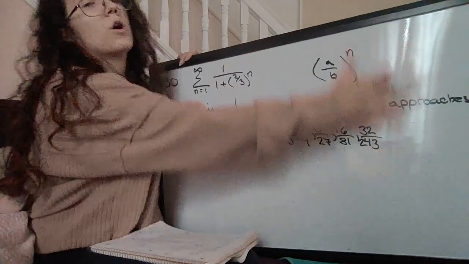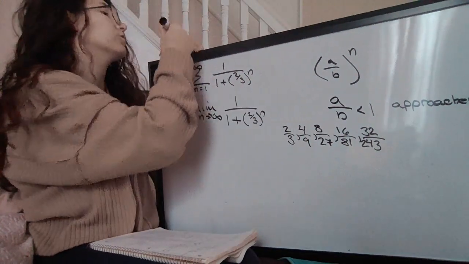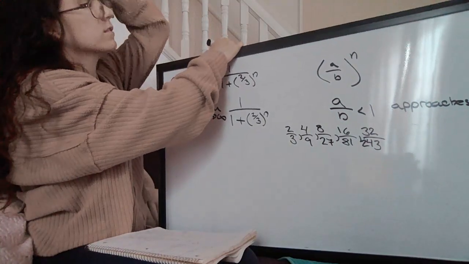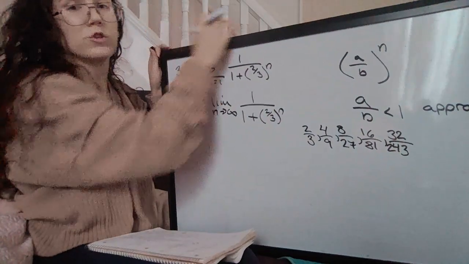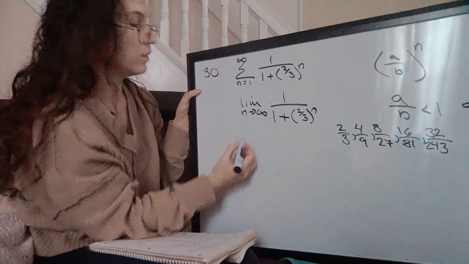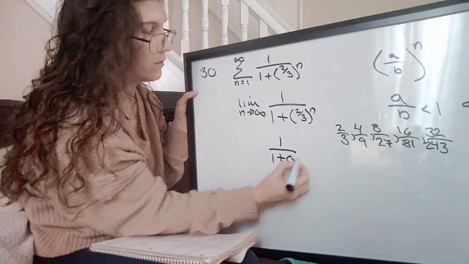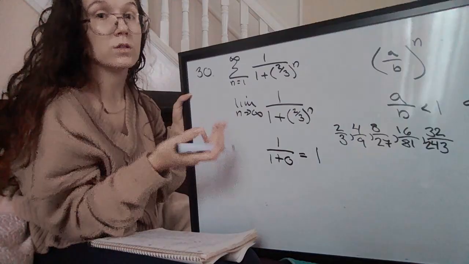Just knowing this general rule also helps you prove a certain series at some point. Knowing that as n approaches infinity, that part equals 0, this equals 1 over 1 plus 0, which is 1 over 1, which is 1.